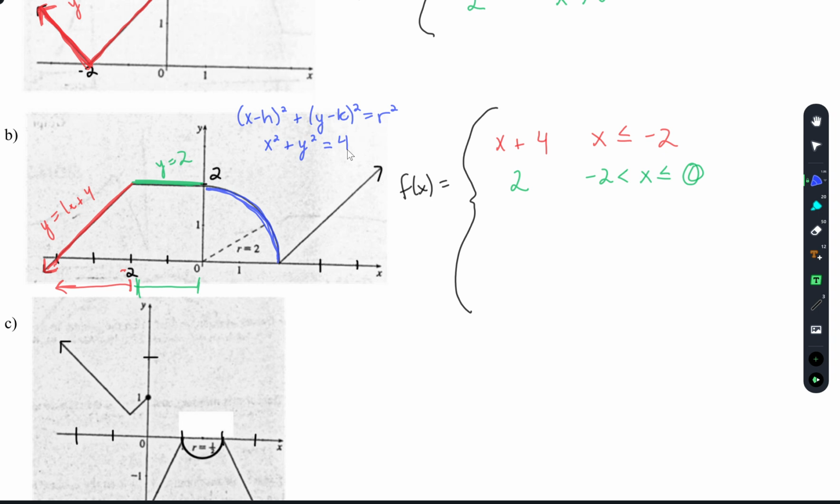And then you're going to do a little algebra to solve for y. Because think about all the equations we wrote. They're all like y equals, y equals, y equals. That's what you have to do for this. Okay. You technically get the plus or minus, but I only have the top part of the circle.